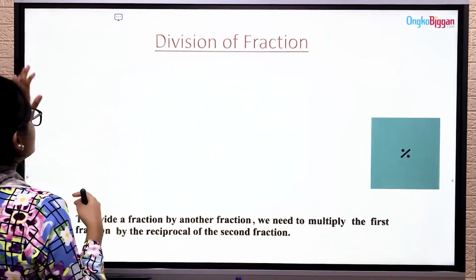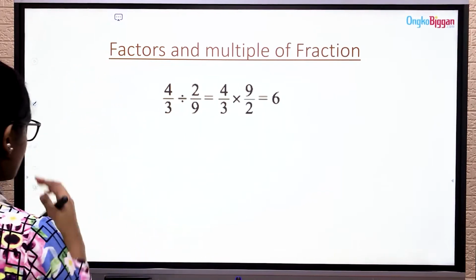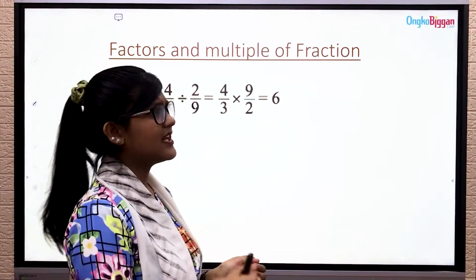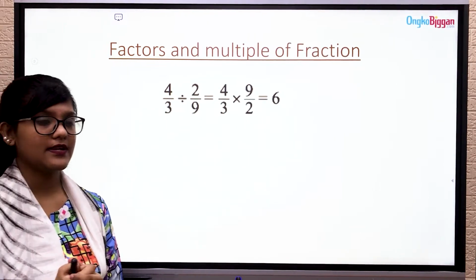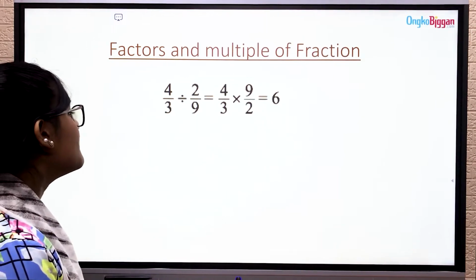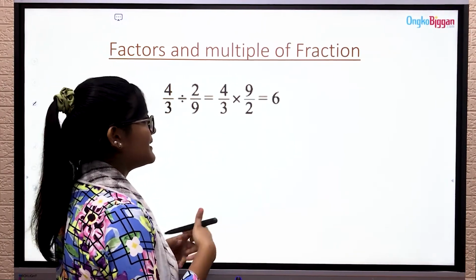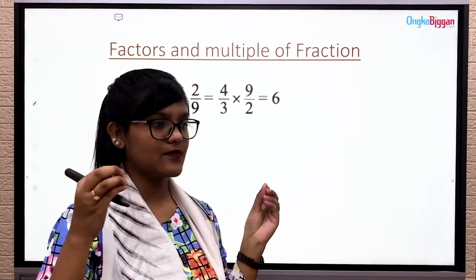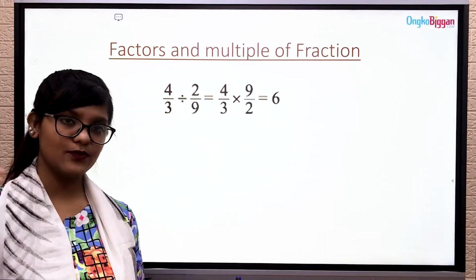So let's move forward. Factors and multiples of a fraction. We have already learned in chapter exercise 1.1 and 1.2 about factors and multiples. We know multiples are those numbers that we obtain by multiplication, like 4 is the multiplication of 2, 8 is the multiplication of 2 as well.